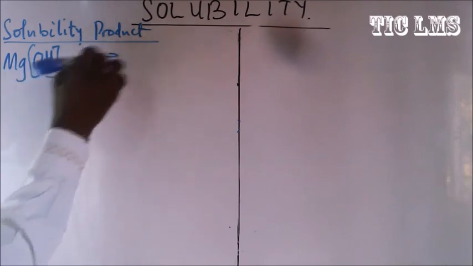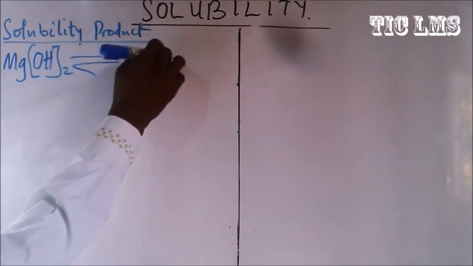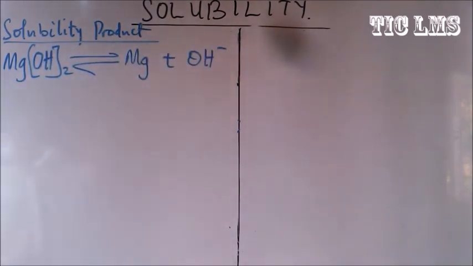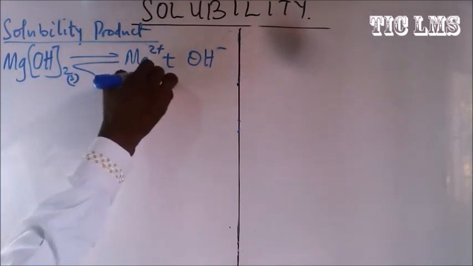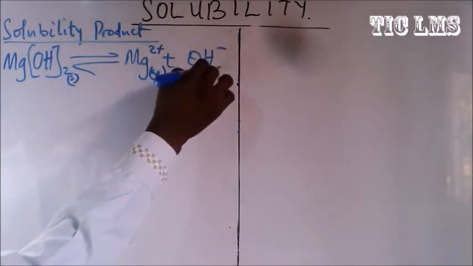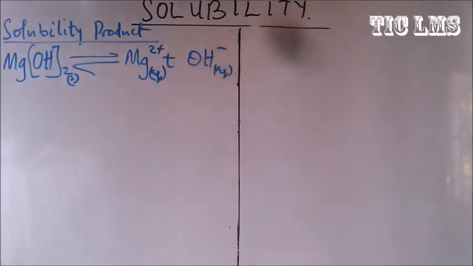Magnesium hydroxide dissolves in water to form magnesium ion plus OH minus. Now the magnesium here has a valency of 2 plus, and here we have a solid and we have aqueous and aqueous. Now if you want to understand all this oxidation number, you need to check our class on redox reaction or generally on redox.